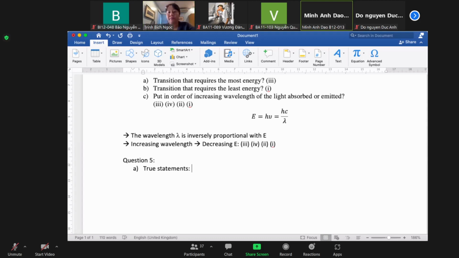One and two. 1 and 3, correct. Yes, because the second one, the energy of the n equal to 2 state has to be at a higher energy than the n equal to 1 state. So the second one is wrong. The right one is 1 and 3. Okay.